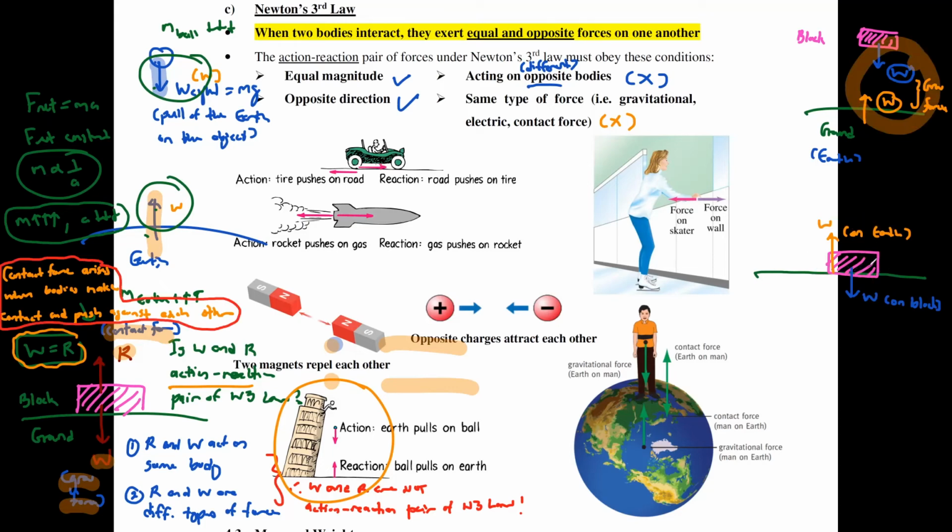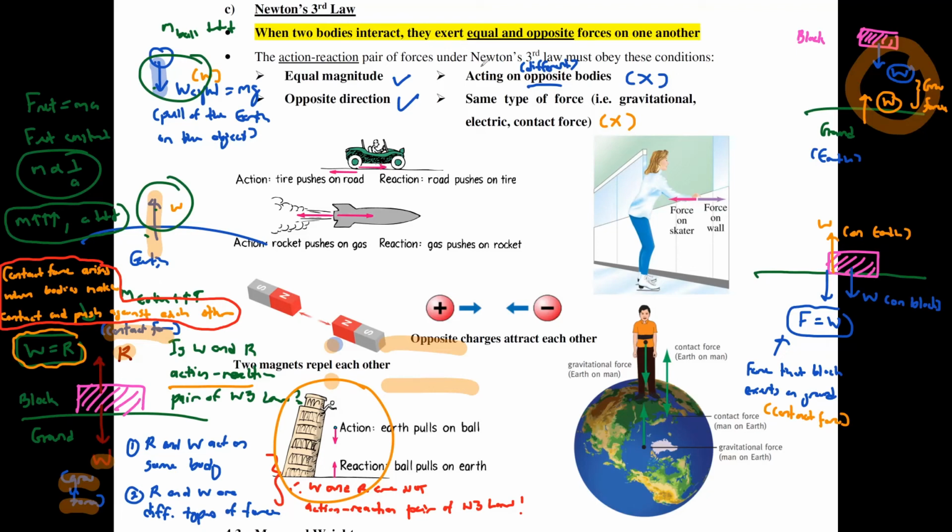The ground is actually blocking the way of the block. Because the ground is blocking the way, the block is now pushing against the ground with a force equal to W. This is the force that the block exerts on the ground. This one is what you know as your contact force.